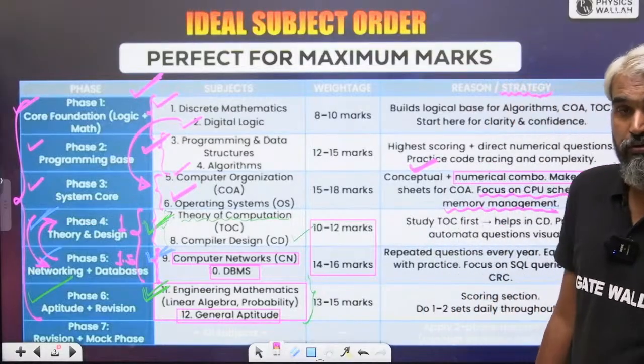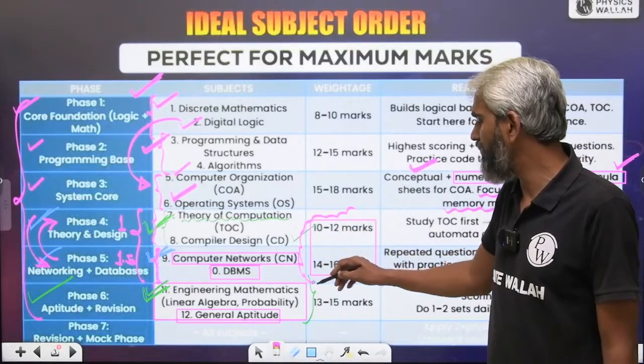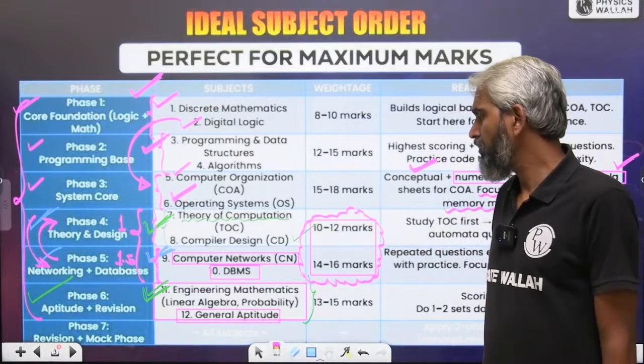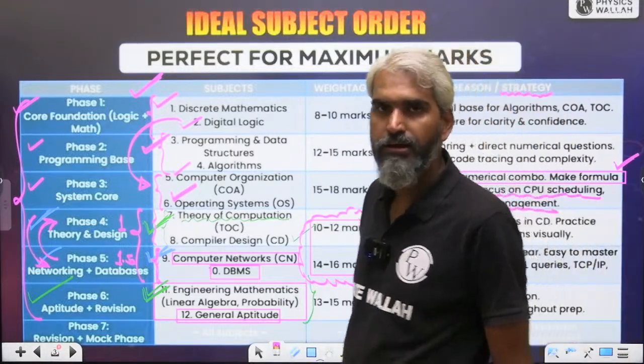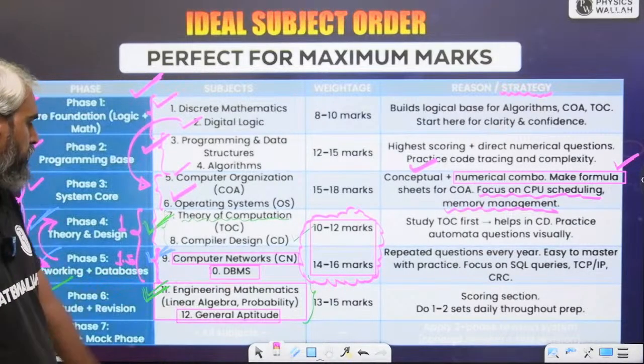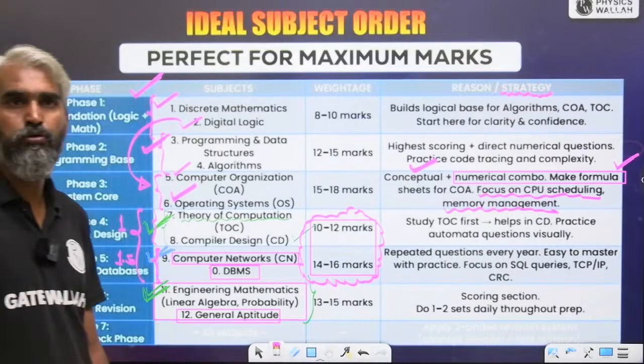So if we look at it in terms of a greedy algorithm, the benefit you achieve in terms of marks will be almost the same, whether you first work on computer networks and database management system and then on TOC and compiler design, or the other way around. So phase 4 and phase 5 can be exchanged. There will be no problem.